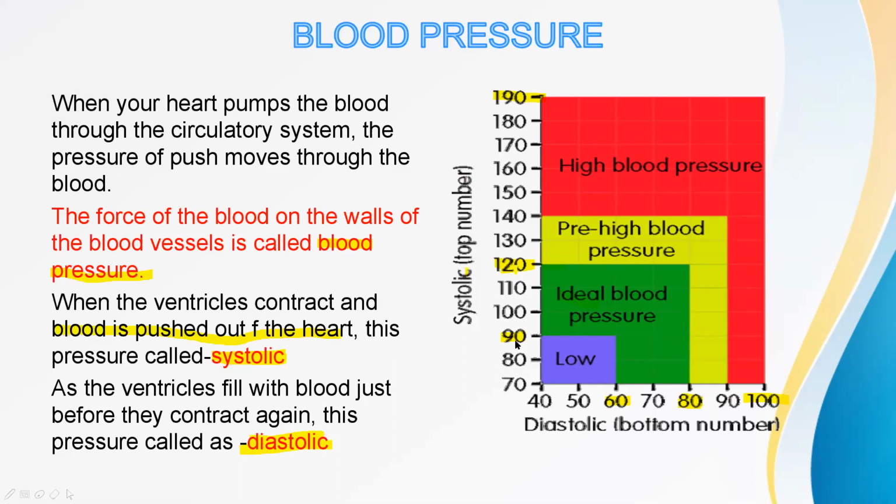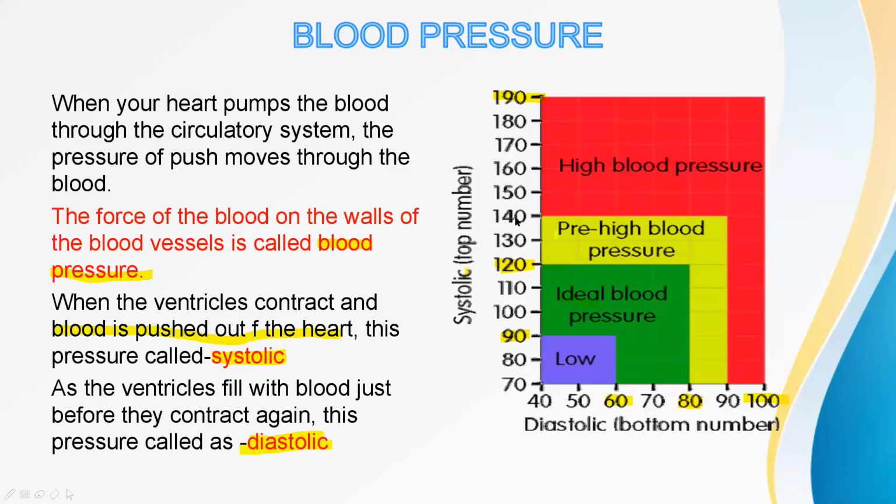When the blood pressure is 90/60, we call it low blood pressure, meaning your heart is not pumping the blood properly. If the blood pressure is 120/80, we call it ideal blood pressure, a normal blood pressure, meaning your heart is pumping and working normally.